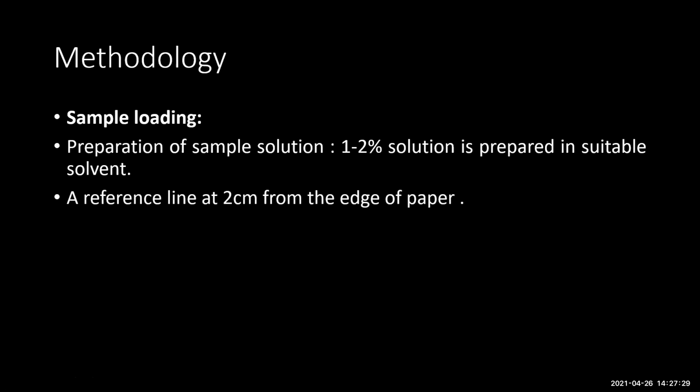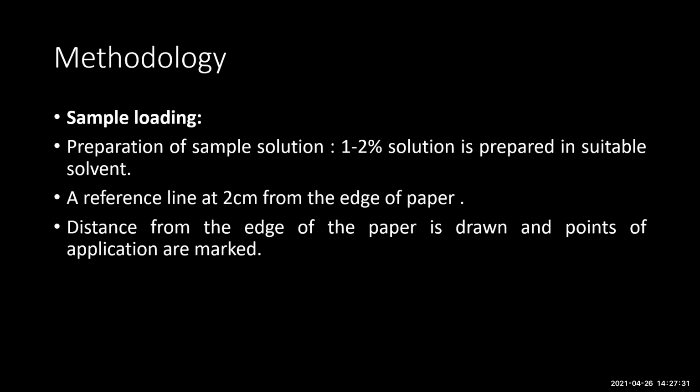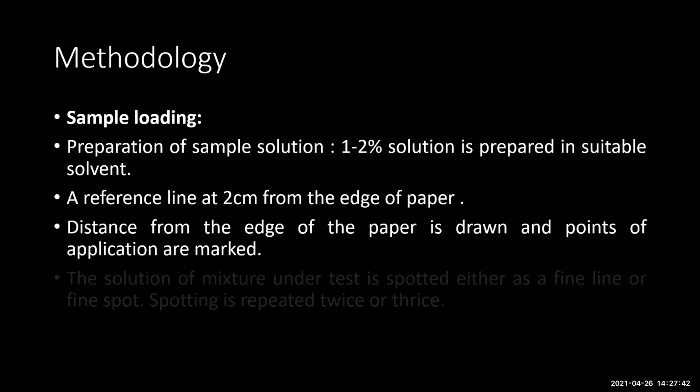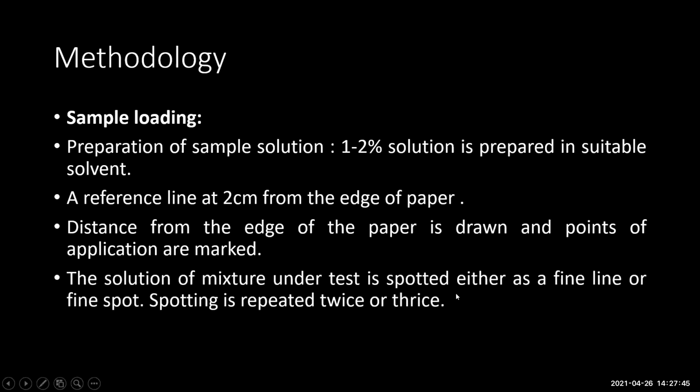Whenever we are adding any sample, we have to mark the point where we are applying it. The solution of the mixture under test is spotted either as a fine line or as a fine spot.